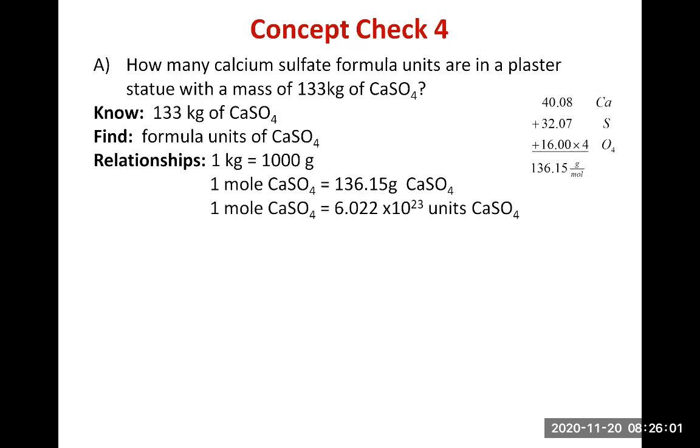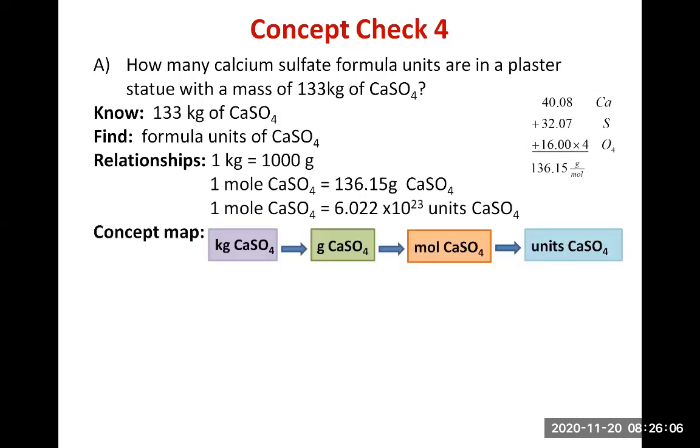So we have 3 equalities and so 3 conversion factors, because we have to go from kilograms of calcium sulfate to grams of calcium sulfate using the 1 kilogram equal 1,000 grams. And so because we start with kilograms, the kilogram will be on the bottom, the grams will be on top.